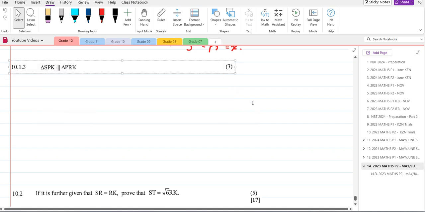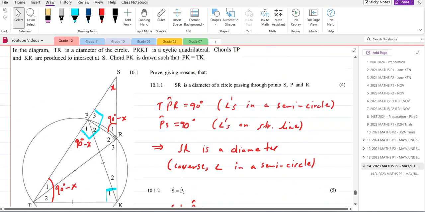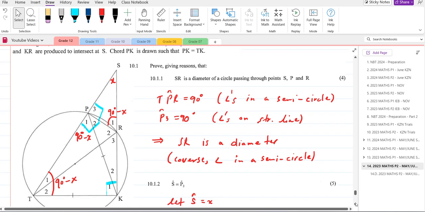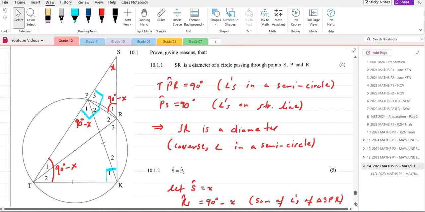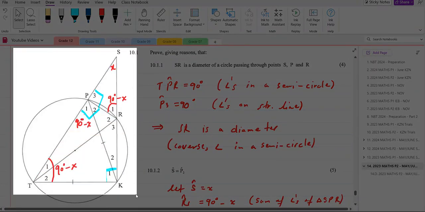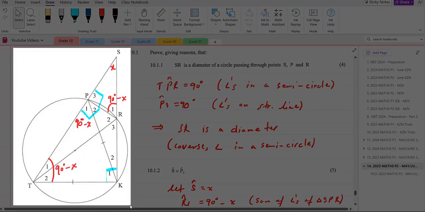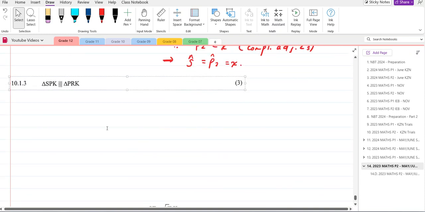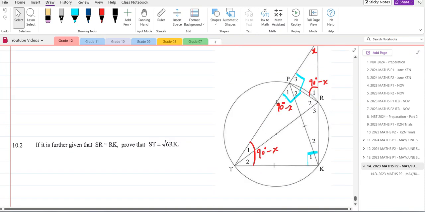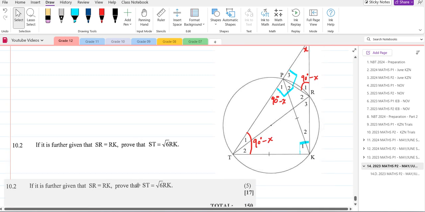Right, and next one, you want to prove similarity. So let me just take the same triangle here. Let's try to get it back into the picture. Take this triangle with all that information we have and try to prove similarity. Let's put this triangle on the side so you can have a look at it as I'm solving.